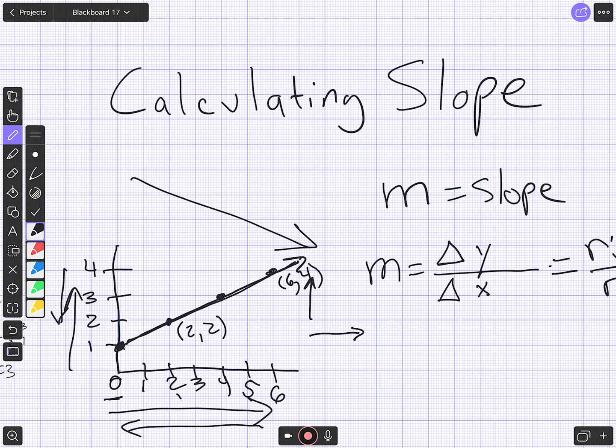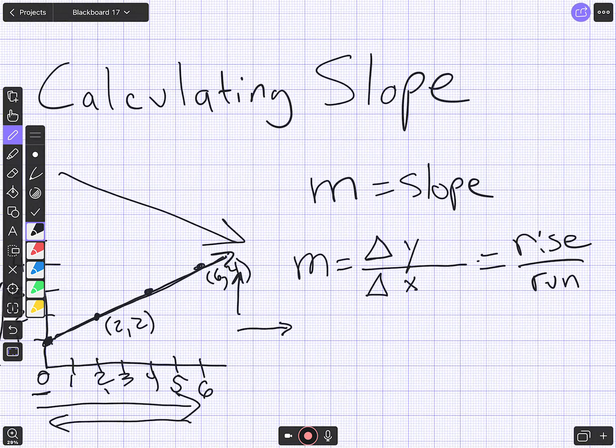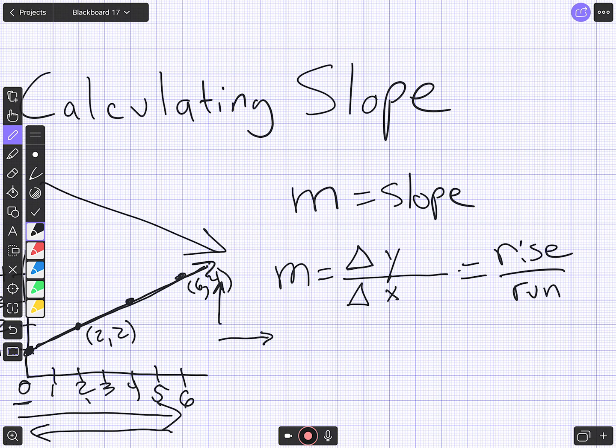Well, that looks a little different. So how do we figure out the change in y? We went from 2 to 4, or we can just count it this way, in red so we can see it: 1, 2. We went up 2, or positive 2.